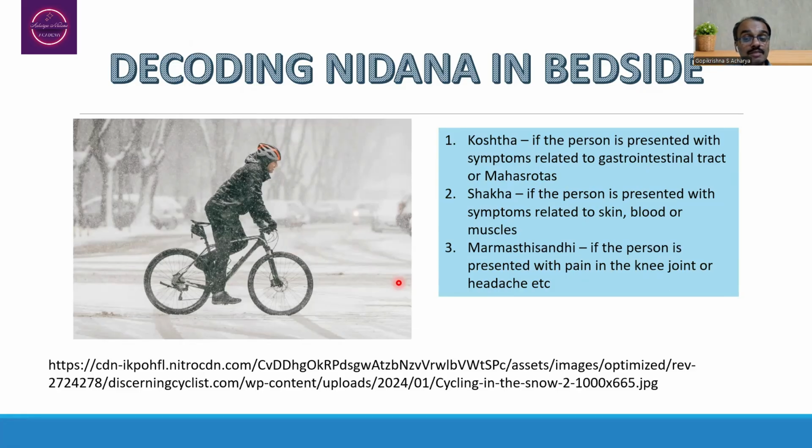Whereas if the person presents with symptoms related to skin, blood, or muscles, then we may suspect Shakha affliction. If the person presents with pain in the knee joint or headache, etc., then we may suspect Marmasthi Sandhi affliction.